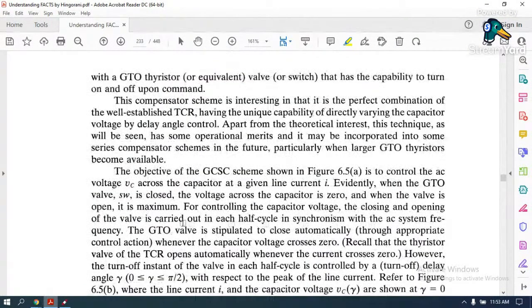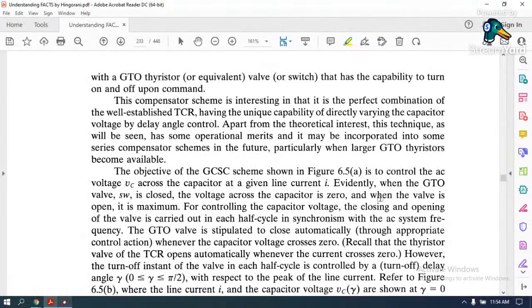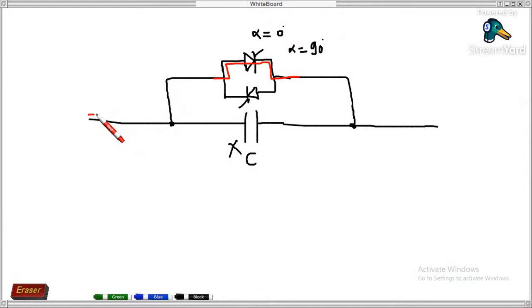Where were we? See, when the wall is open, I mean he is saying when this wall is closed. When the GTO wall SW is closed, it means your current is taking this path.